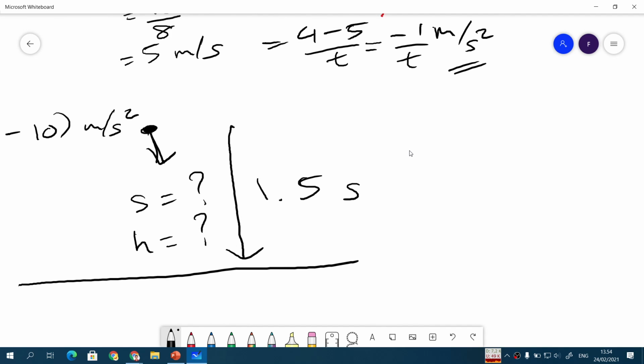V naught, V0. We don't know the V0 yet. Because if we plug into the equation, S equals, and let's ignore S naught for now, V naught t plus half g t squared. How much is V naught?